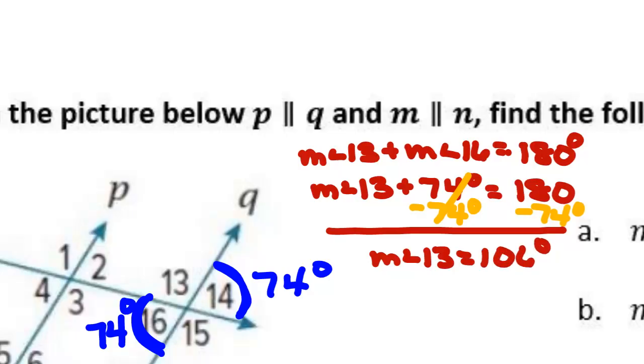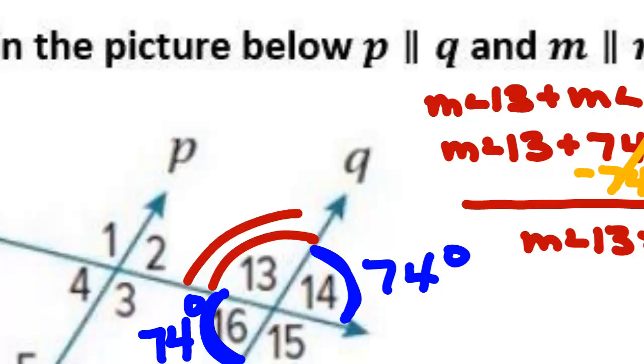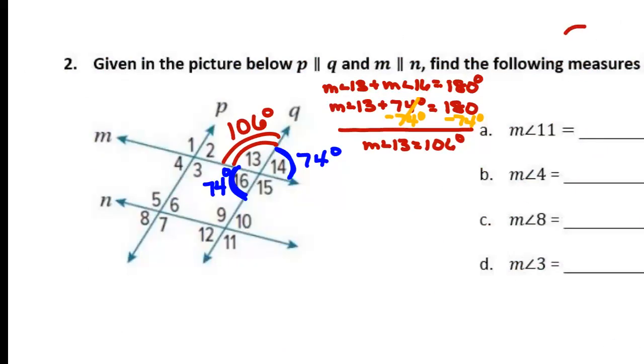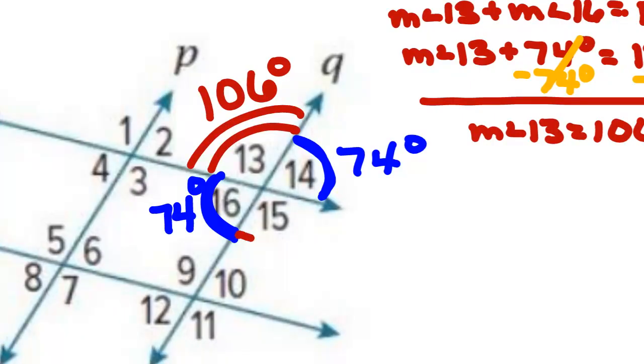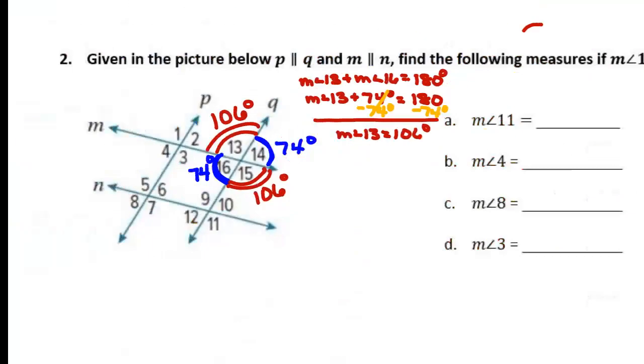Yes, this is 106 degrees. So angle 13 up here is 106 degrees. What other angle right here is also 106 degrees? 15. 15 and 13 are vertical angles. So this one is also 106.